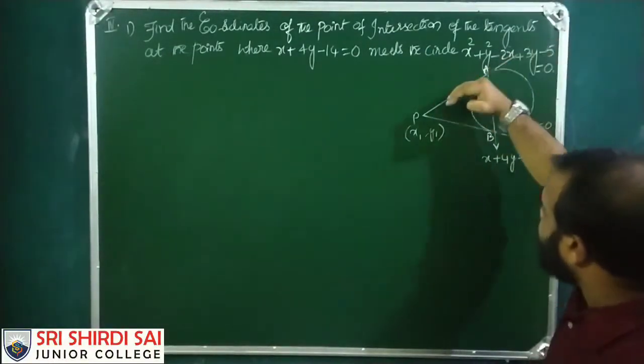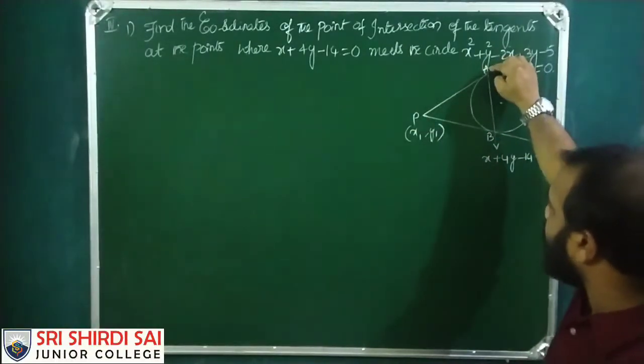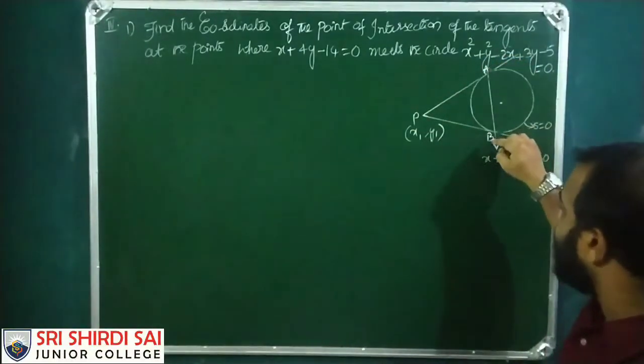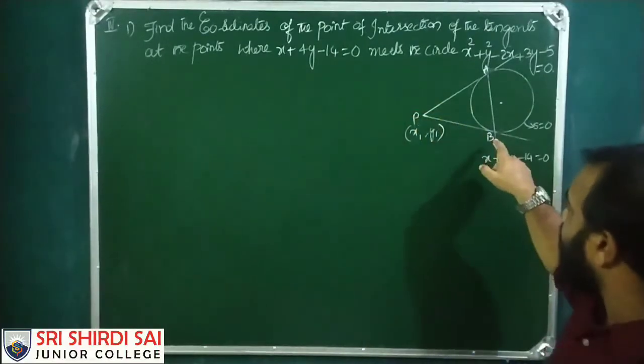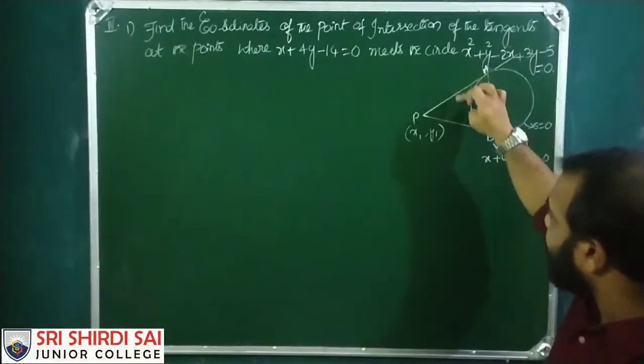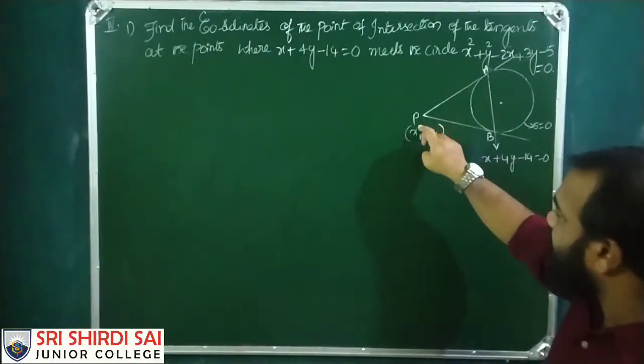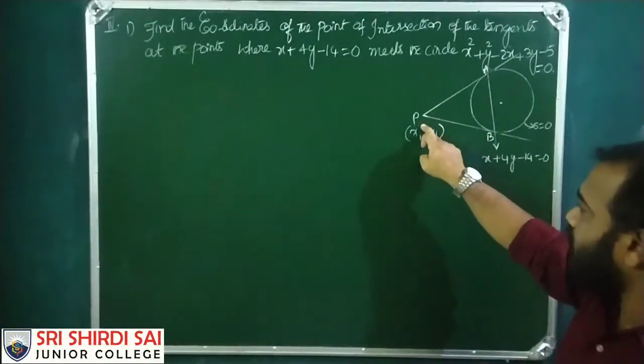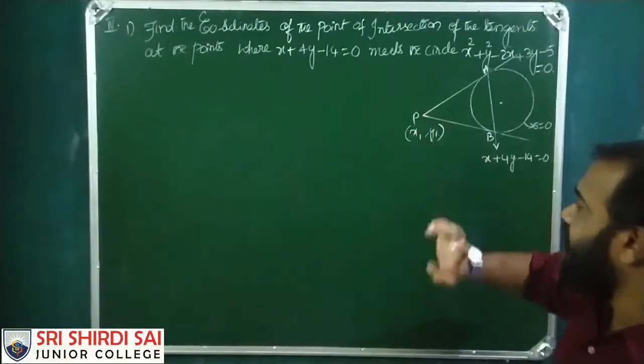This is the tangent drawn through the point of contact A, and this is the tangent drawn through the point of contact B. So the point of intersection of these tangents is P, and we have to find it.